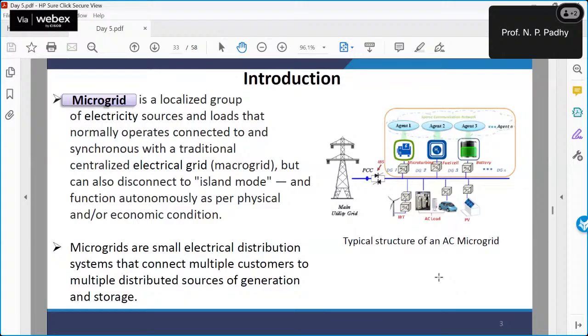So microgrid, someone asked me what is microgrid? What is megagrid? Why not nanogrid? Isn't it? Can anyone answer? Why don't we call it a nanogrid? Why do we call it a microgrid?